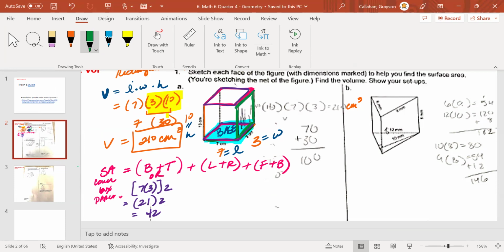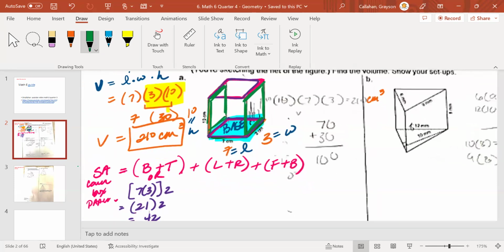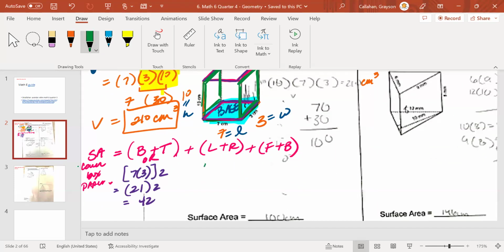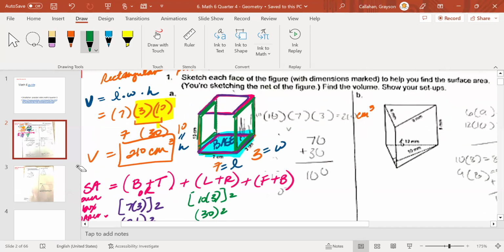You got it. Do you see the part that I'm highlighting right now in green? That's the left and right. So you're right, you're going to use 10 and 3. So if I do 10 times 3, and there are 2 of them, right? That's 30 times 2, which is then 60, right? Okay. What 2 numbers make front and back?